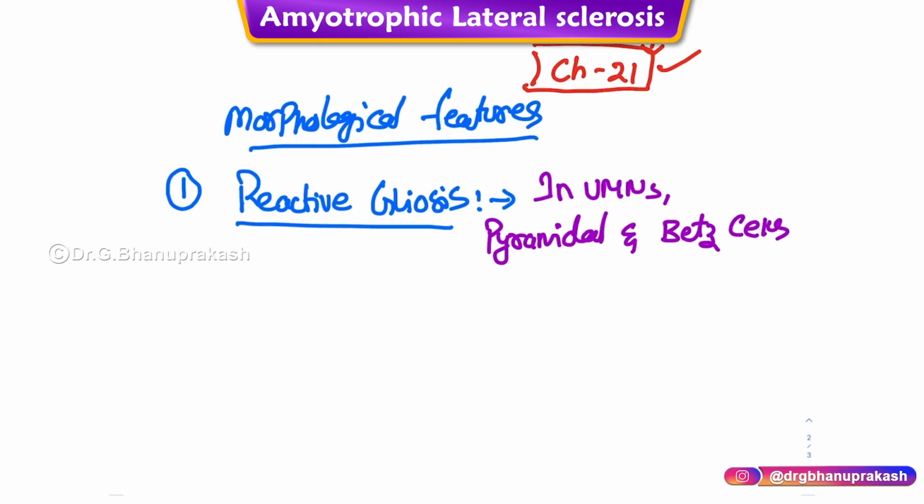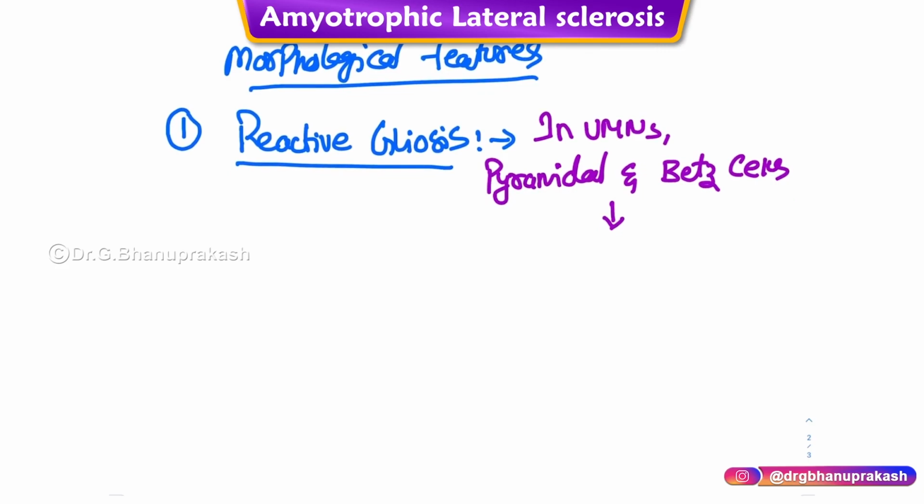Because the pyramidal and Betz cells are lost, there will be a Wallerian degeneration. Do you know what the Wallerian degeneration is? The degeneration distal to the lesion is called Wallerian degeneration, right? So whenever pyramidal and Betz cells are lost, there will be Wallerian degeneration of what tracts?